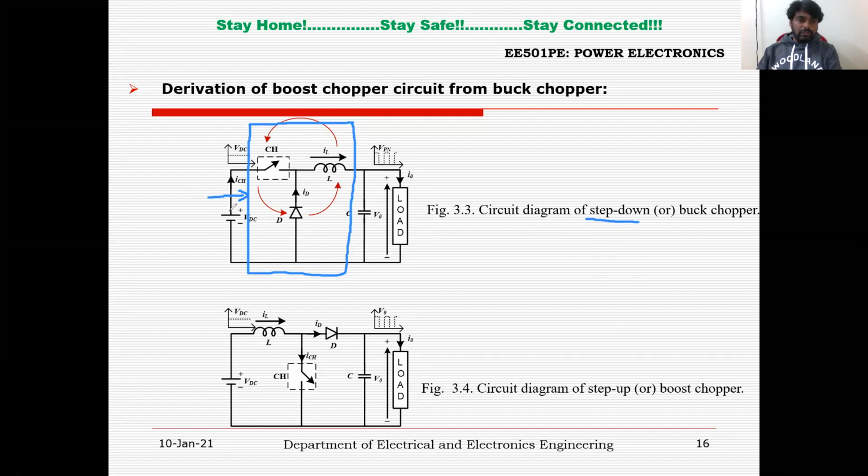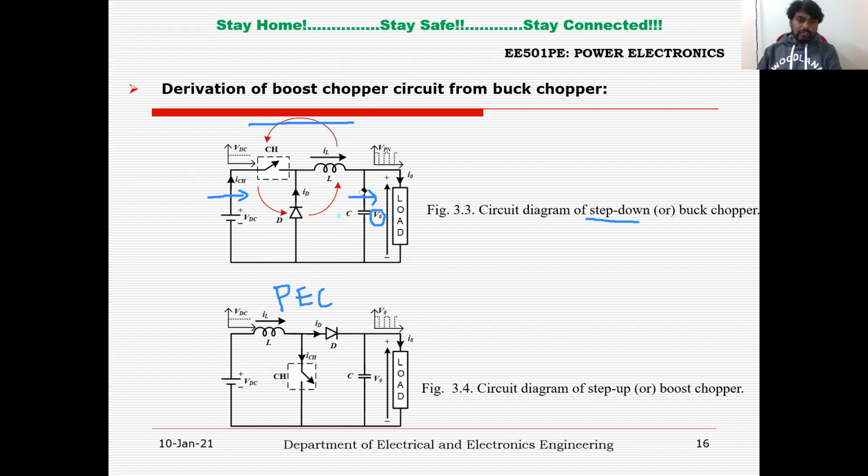We give a constant DC as the input to the power converter, and the output of this power converter will be a variable DC. We have seen in the last video lecture how we got the variable output voltage with the help of the circuit configuration.